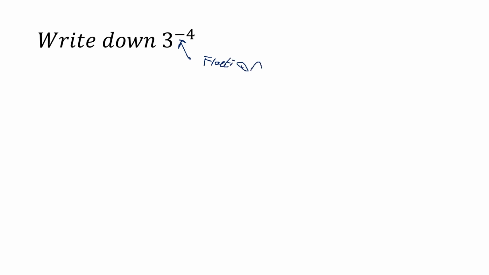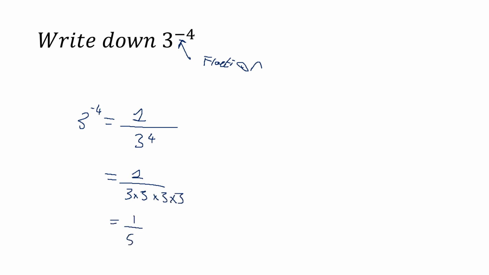So 3 to the power of negative 4 is the same as 1 divided by 3 to the power of 4, which is the same as 1 divided by 3 times 3 times 3 times 3, which is the same as 1 over 81. Just as long as it's a minus, it means whatever you have in here, you put it on the denominator.